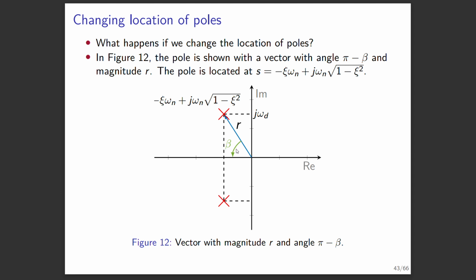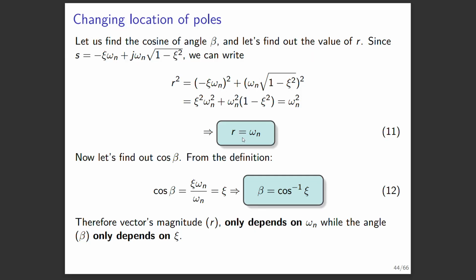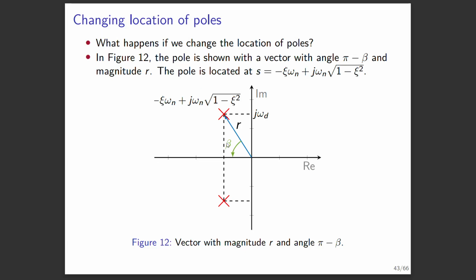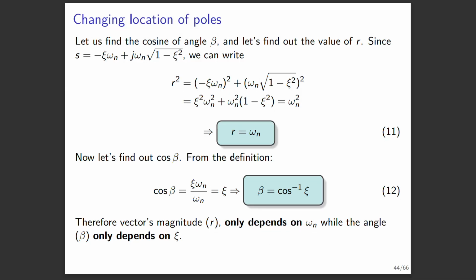So cosine of beta is the ratio of c omega n divided by r. But wait a second, r is omega n. So cosine of beta is c omega n divided by omega n, which is just c. So beta, this angle, is arc cosine of c.